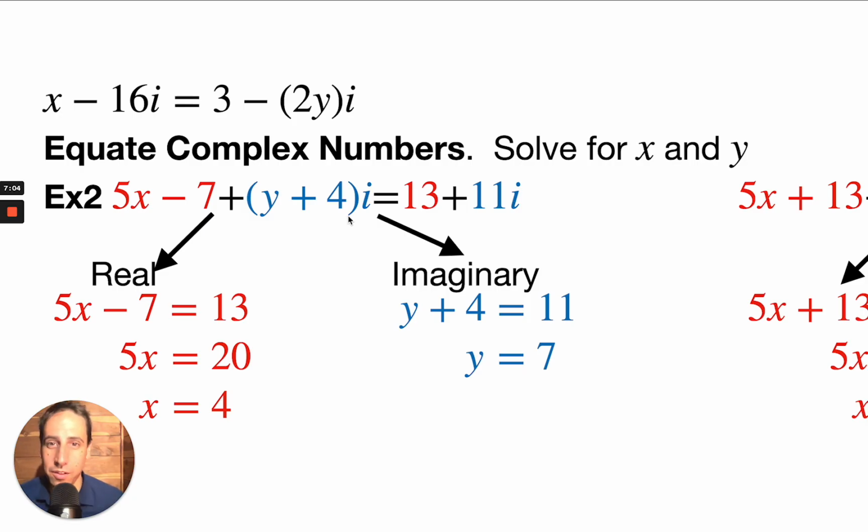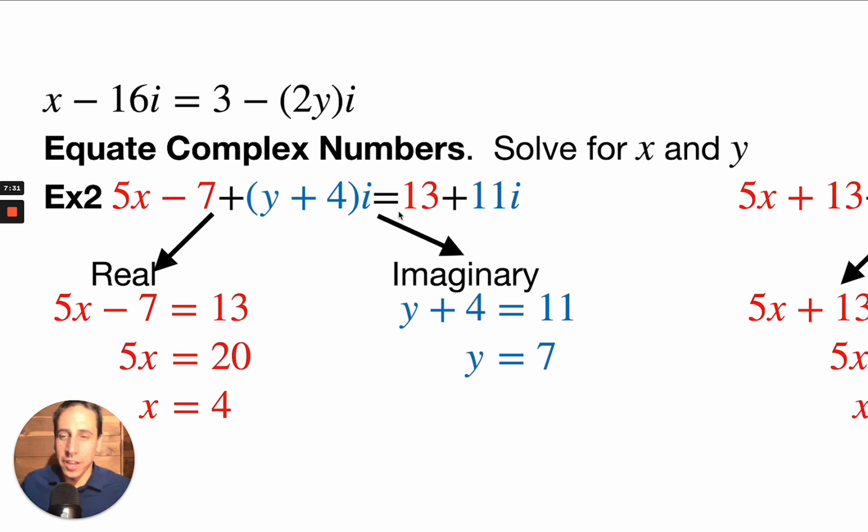It generates a real one and an imaginary one. And I've color-coded it so that you can see the real parts are red and the imaginary parts are blue. And you can split them up. 5x minus 7, those are the real parts, plus y plus 4i equals 13 plus 11i. All the real parts have got to equal each other and all the imaginary parts have got to equal each other.